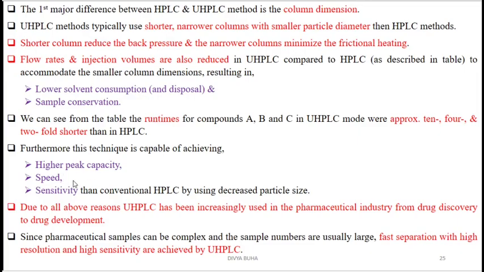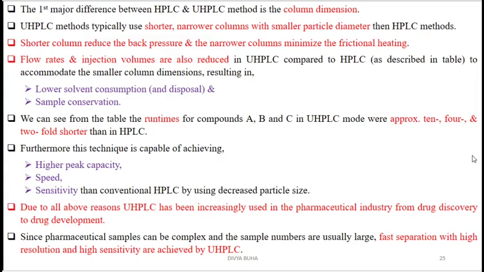The technique is speedier, right, and the sensitivity is more, and it would be able to analyze samples which have very low concentration. So due to all of these reasons, UHPLC has been increasingly used in pharmaceutical industries from drug discovery to drug development.